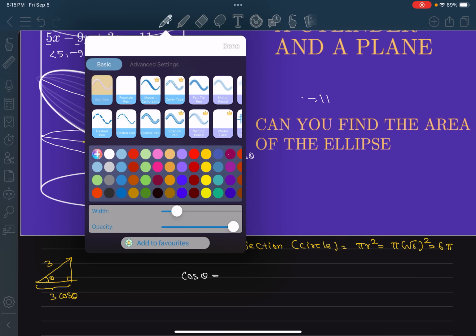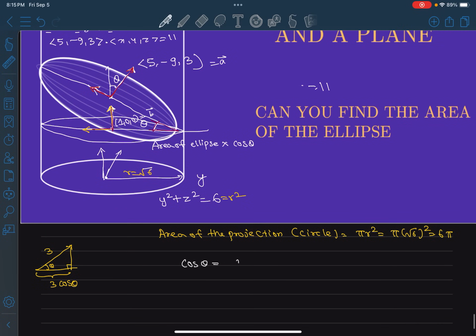So cos theta will just be a dot b divided by magnitude of a times magnitude of b, right? The dot product is just 5. The magnitude of a is the square root of 81 plus 9 plus 25, which is square root of 115, and the other is just square root of 1, so this is 5 over square root of 115, right?